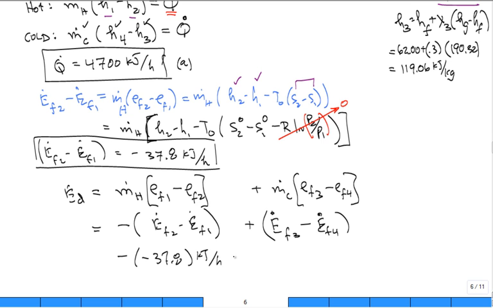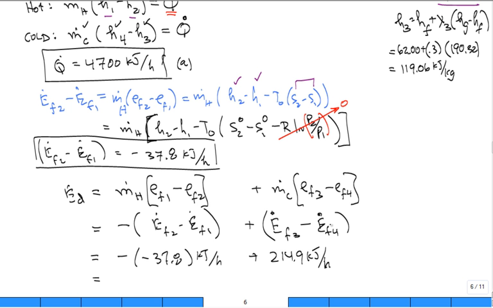And then what we have for the change in the cold, it's going to pick up EF4. Actually, this is kind of a crazy one. It'll be a plus 214.9 kilojoules per hour.